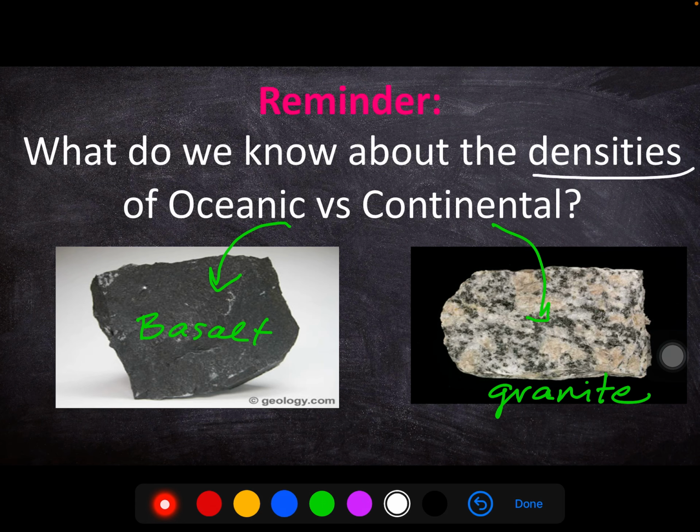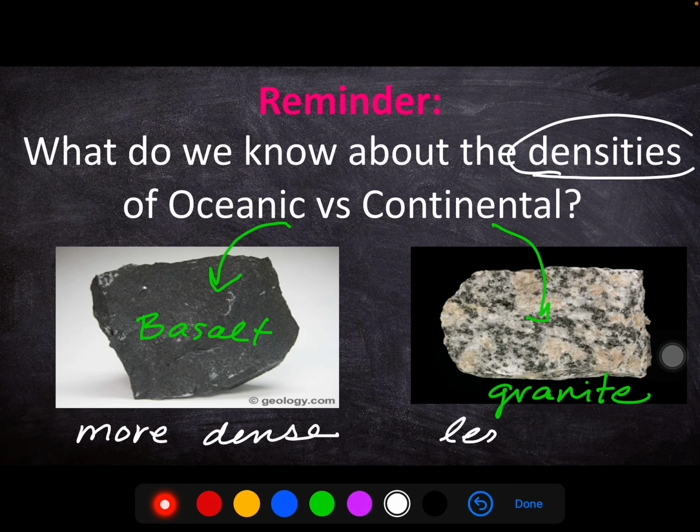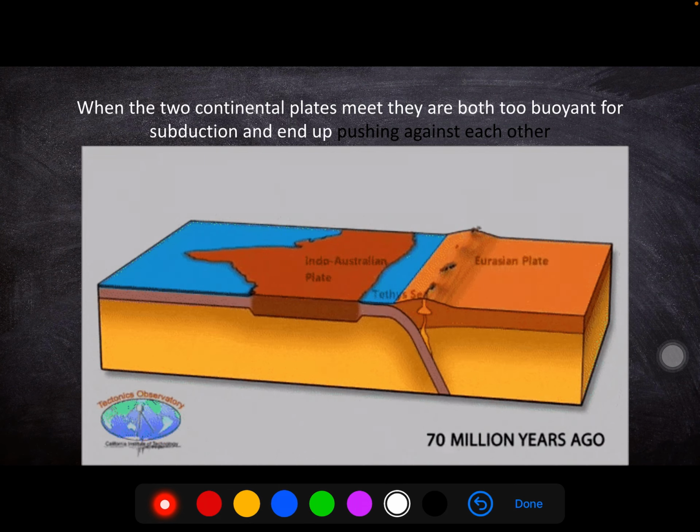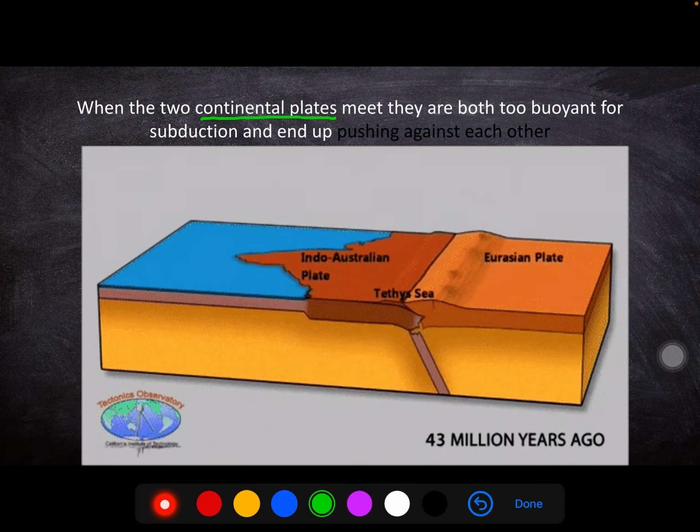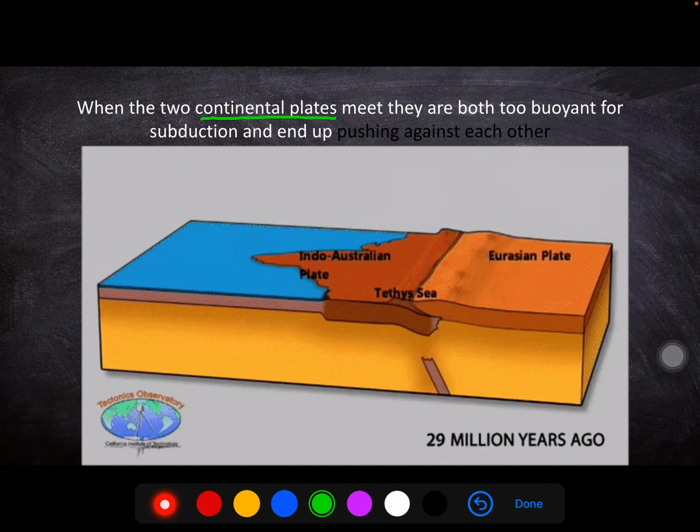We do want to remember what's going on with densities of the crust. Basalt, the oceanic crust, you may recall, is our more dense piece of crust, while the granite is less dense. So again, density has to do with heavy and how compact the particles are. So the ocean crust is the heavier of the 2, something we want to keep in mind. So this first boundary of 2 continental plates is not super common, but it exists.